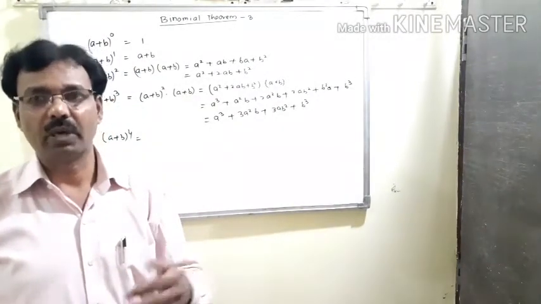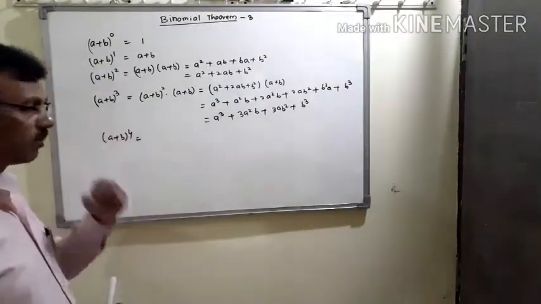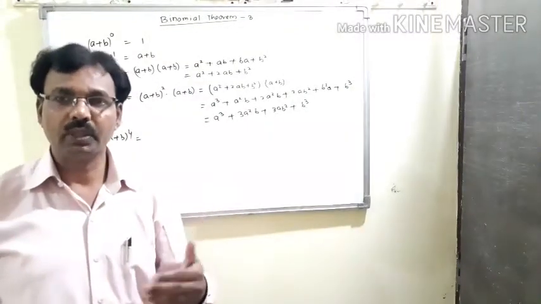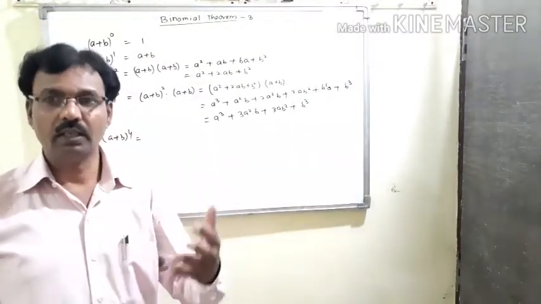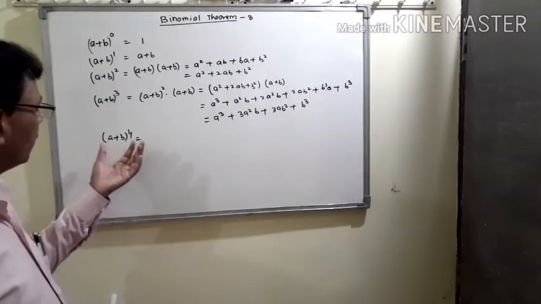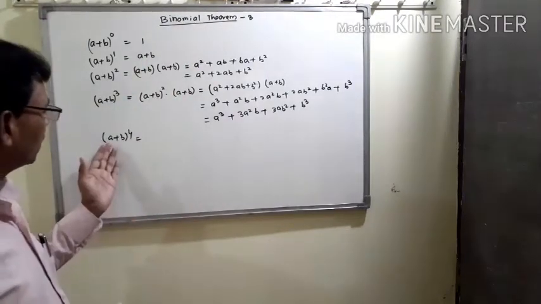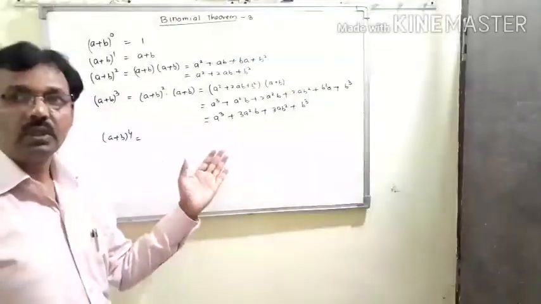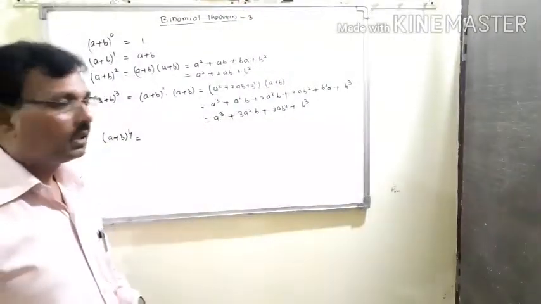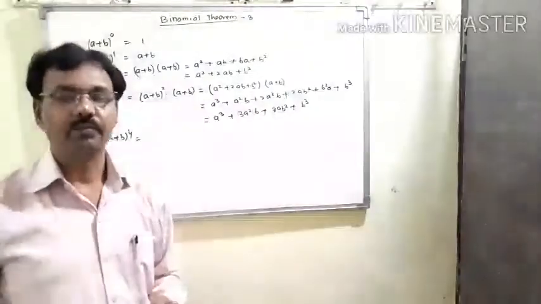Now, how to find (a plus b) to the power 4, power 10, power 30, or power 100? This is a very complex concept, but if we apply the binomial theorem in the expansion of this type of powers, then we can find the expansion easily.